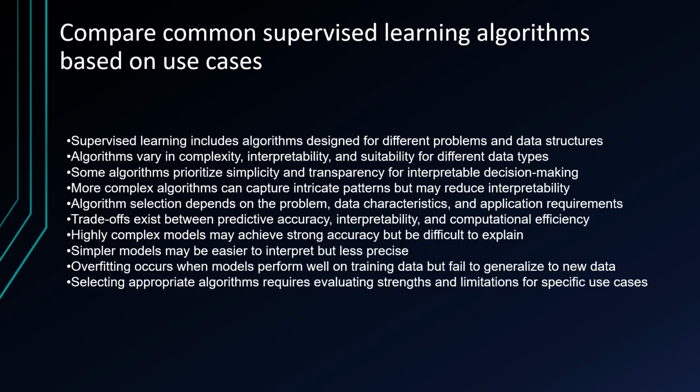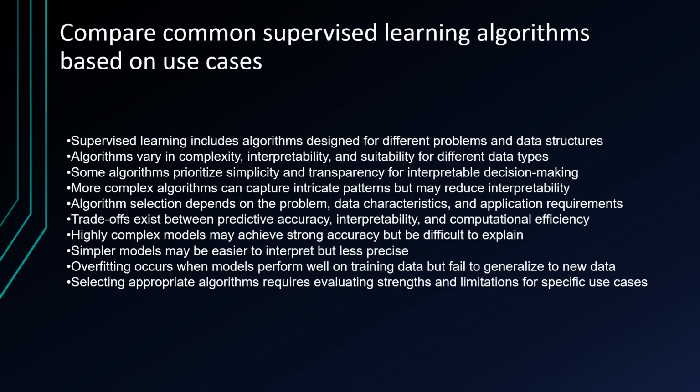One of the major risks associated with supervised learning algorithms is overfitting. Overfitting occurs when a model performs extremely well on training data but fails to generalize effectively to new unseen observations. Instead of learning meaningful patterns, the model begins memorizing noise, irregularities, or random fluctuations present in the training dataset.